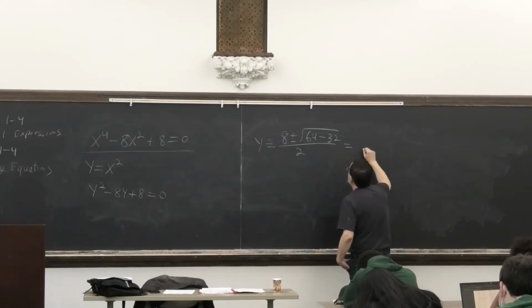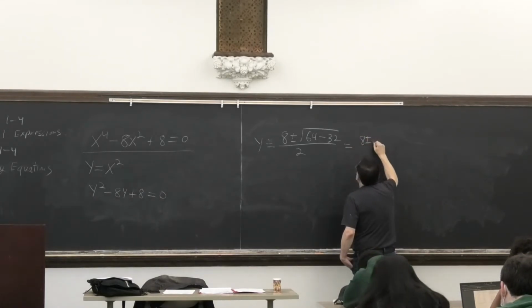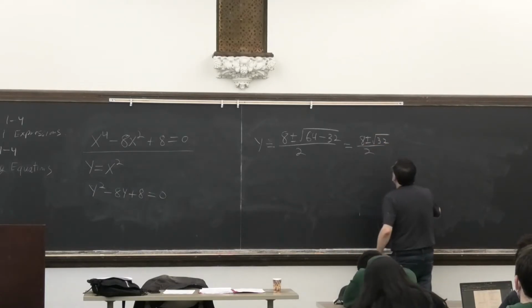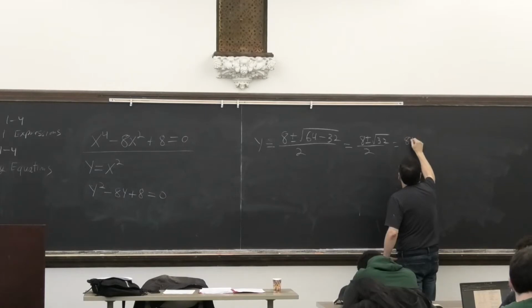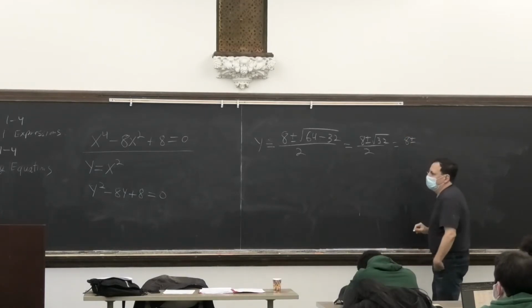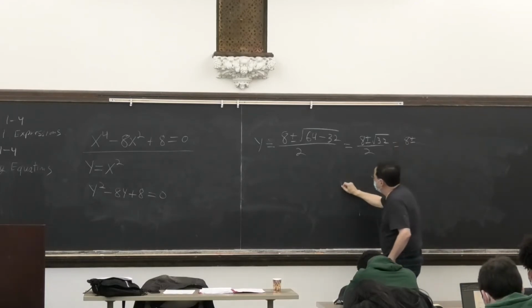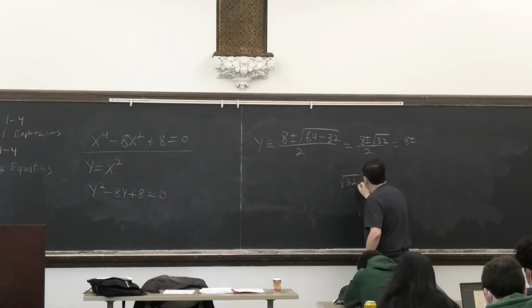Or 8 plus or minus the square root of 32, over 2, or 8 plus or minus, well, here I'm going to reduce this radical.